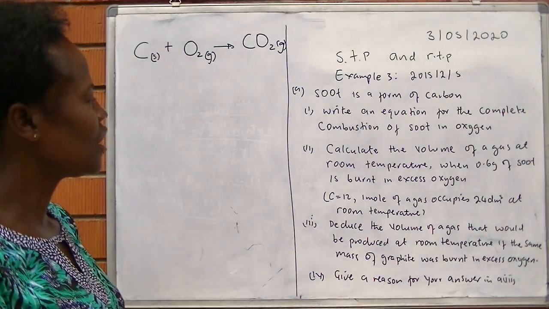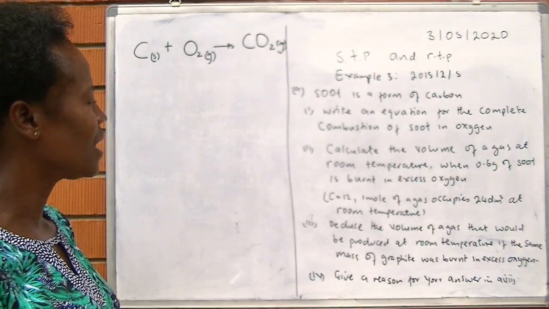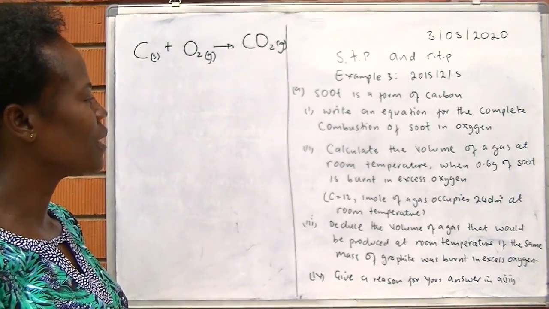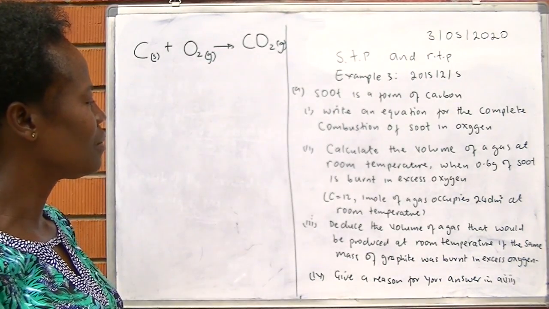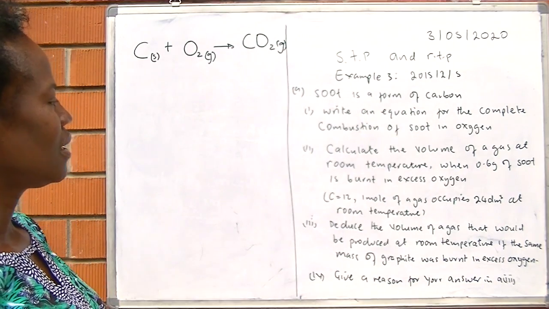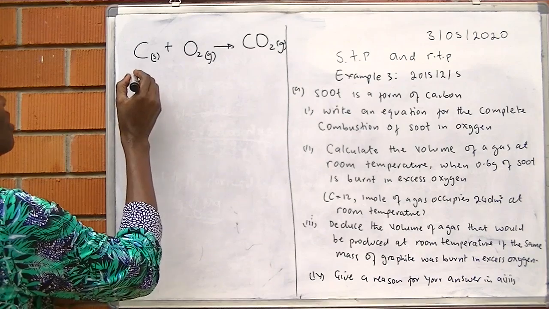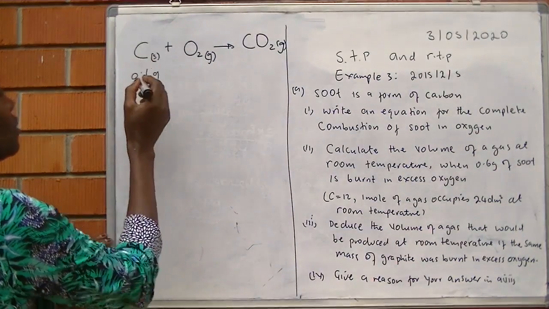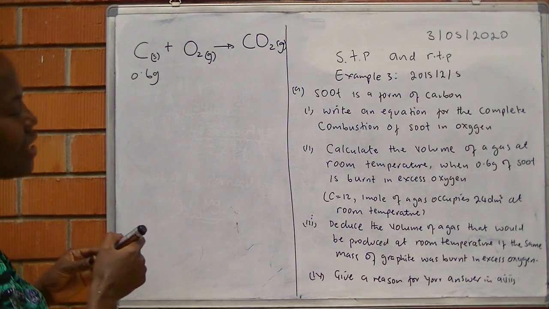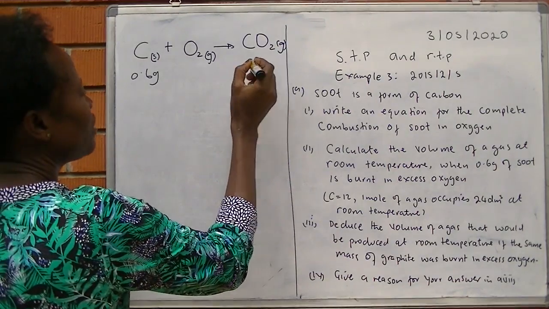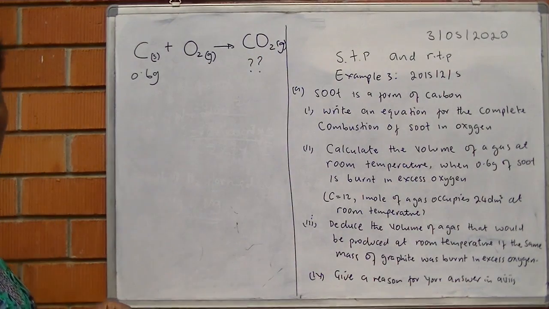B. Calculate the volume of the gas at room temperature when 0.6 grams of soot is burnt in excess oxygen. So we write 0.6 under soot, which is carbon, and the volume of the gas produced, the question mark. The volume of the gas will be carbon dioxide.